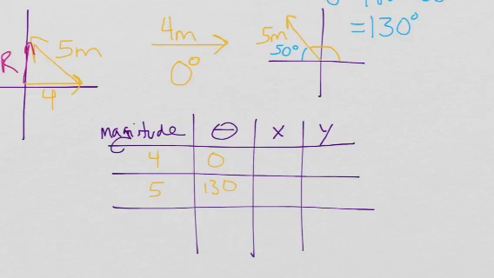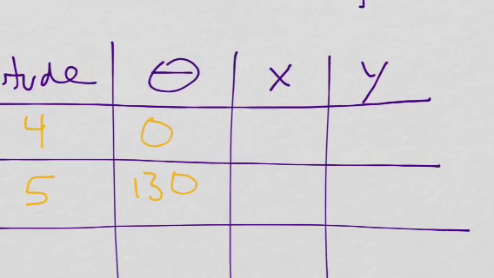And I can do the math on my calculator. But for example, just so we know, to do this, I'm doing 4 times cosine of 0 degrees.